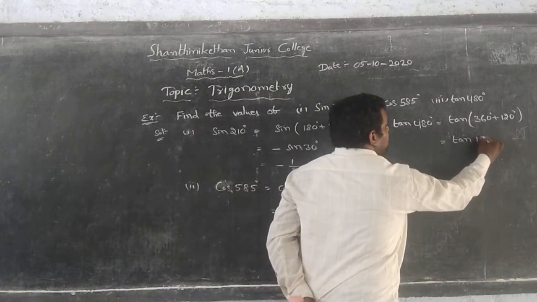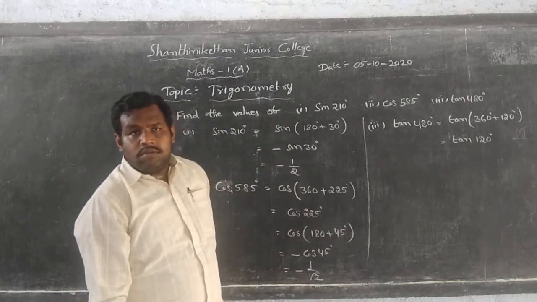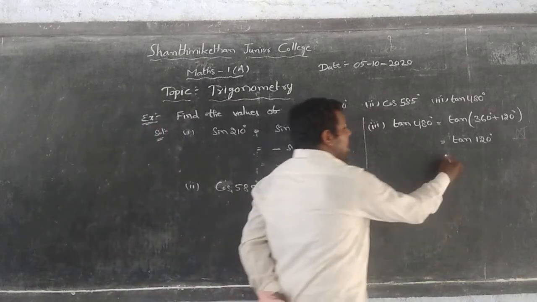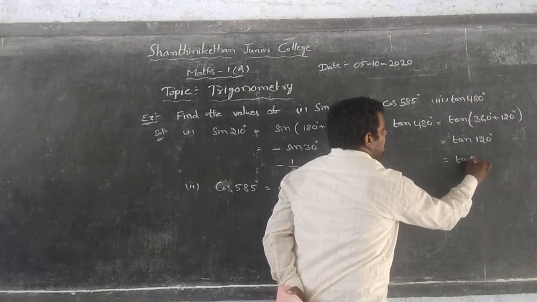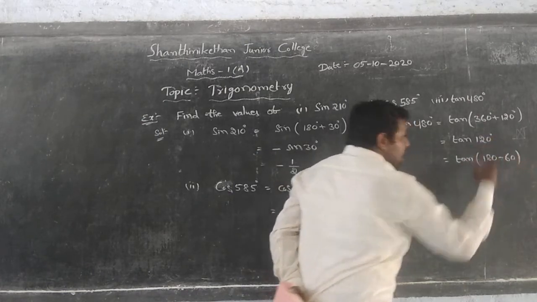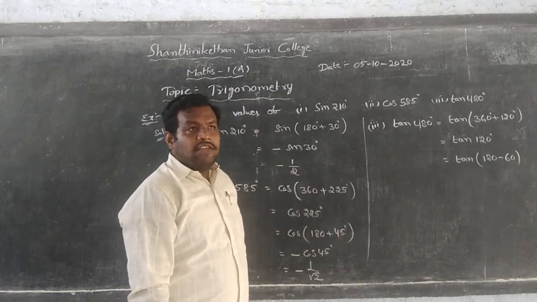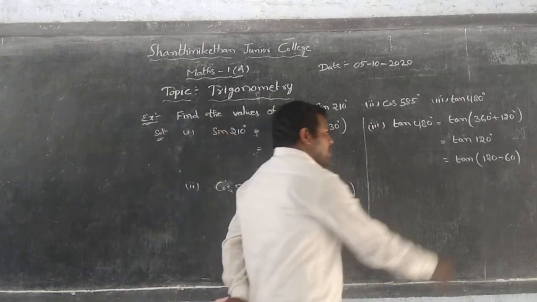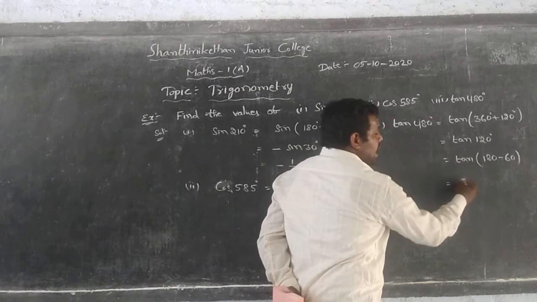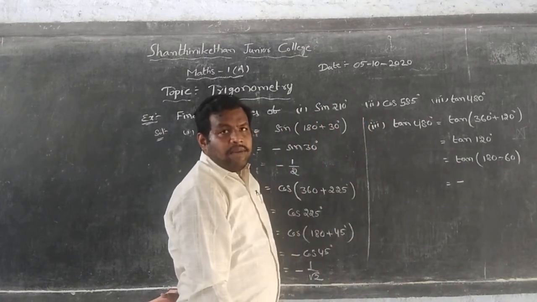Tan 120 degrees. We don't know the value of tan 120 degrees. Again, by using related angles, 120 can be written as 180 minus 60 or 90 plus 30. 180 minus theta is in which quadrant? Second quadrant. In the second quadrant, tan is negative. 180 is an even multiple.